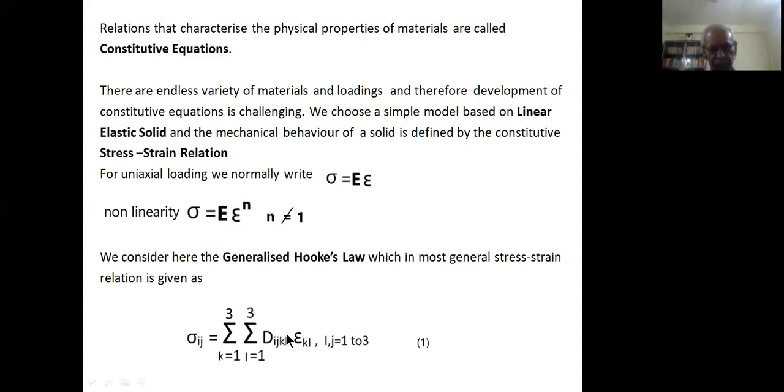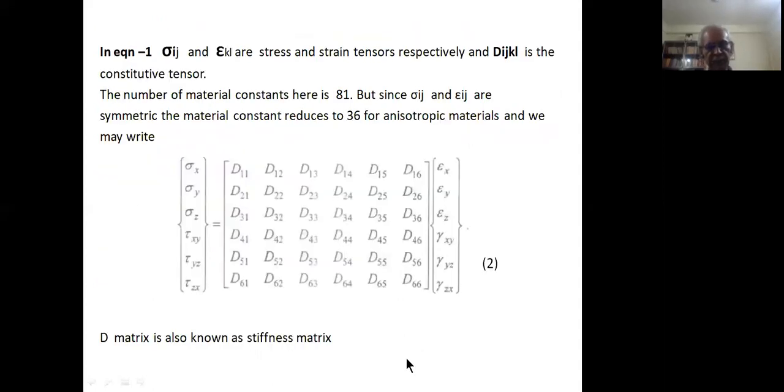So if we consider the vast number of properties, then the number of constants will increase and the form of the constitutive tensor will be different. So let's look at this in a very simple form.